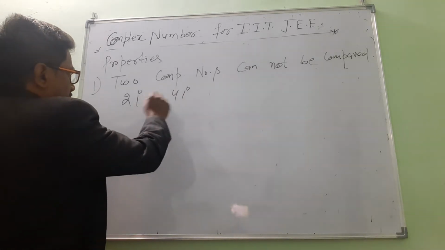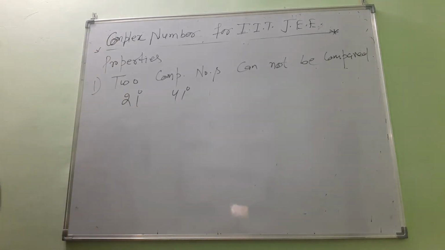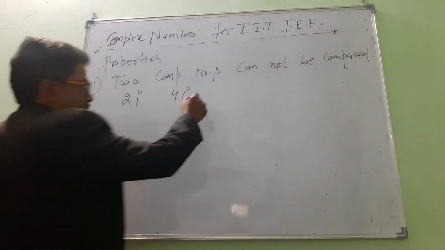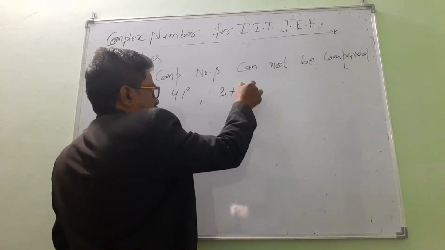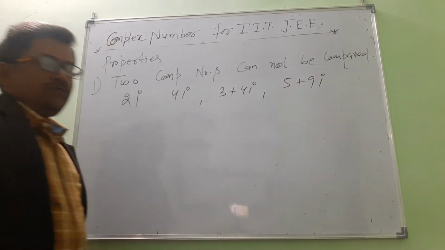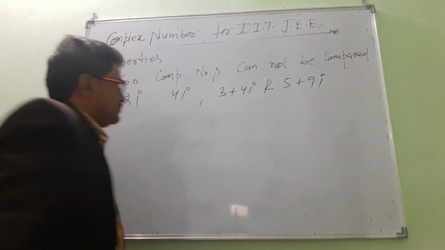They cannot be compared. Two imaginary numbers, two complex numbers. As I asked, 3 plus 4 iota, 5 plus 9 iota, which is greater? We cannot compare these two.